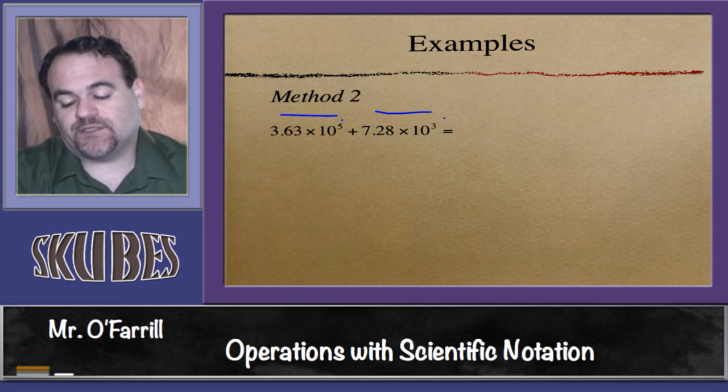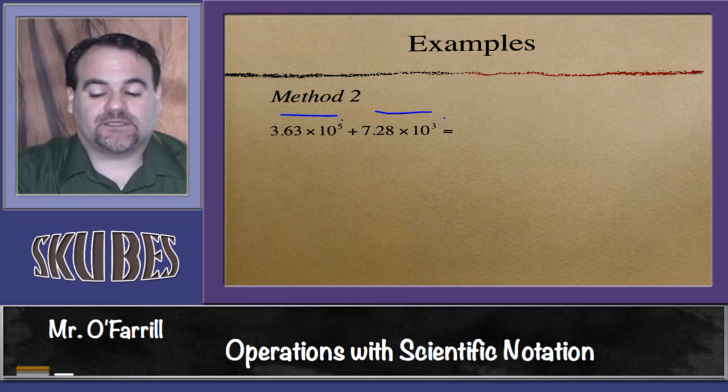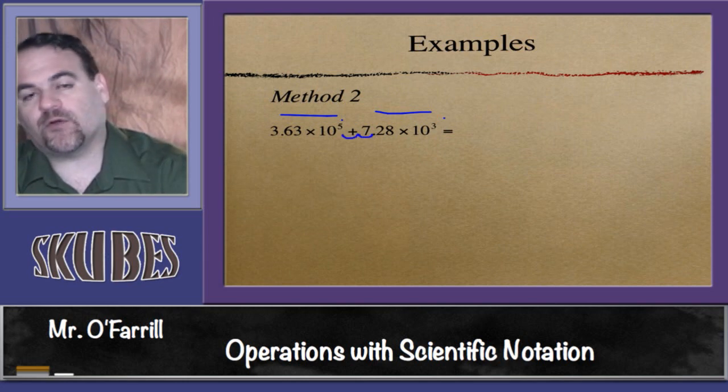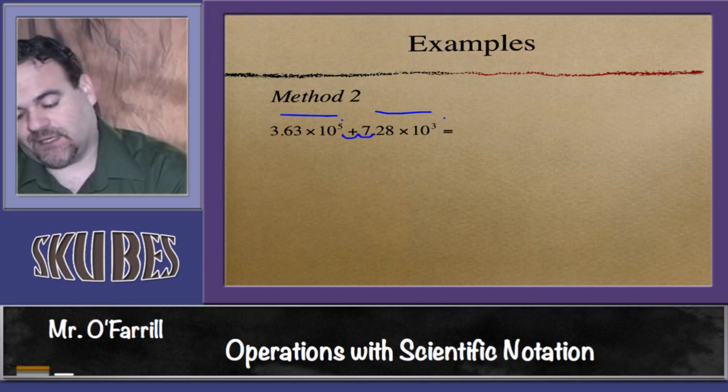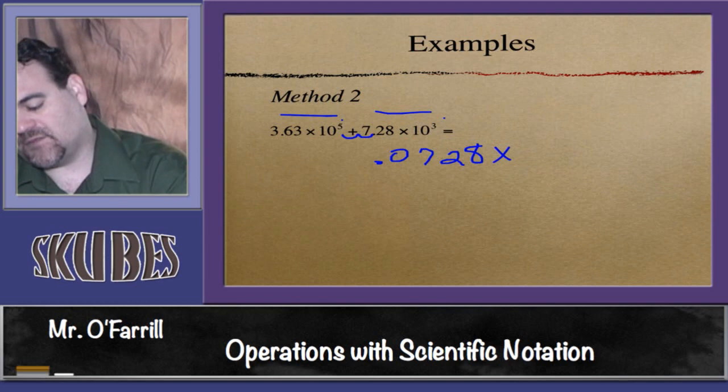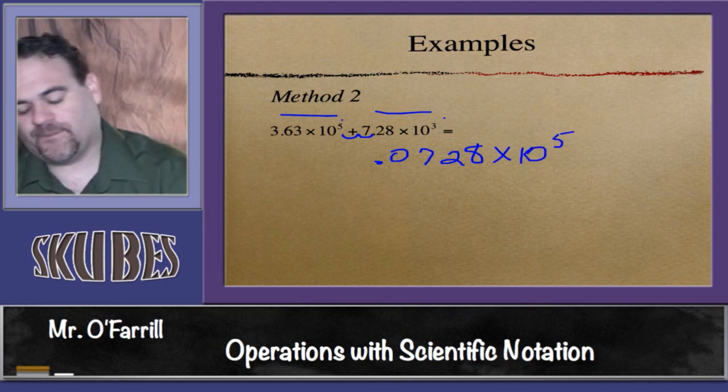Let's go ahead and change the second one to match the first one. So what we're going to make this is to the fifth. So we're going to move 2 more places, making it 0.0728 times 10 to the fifth.